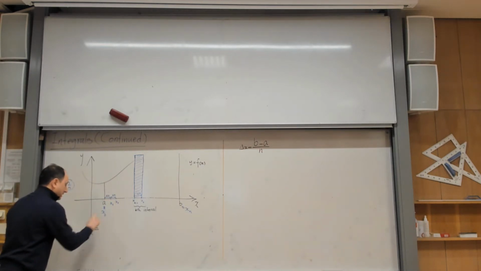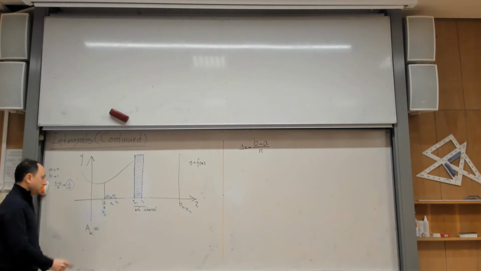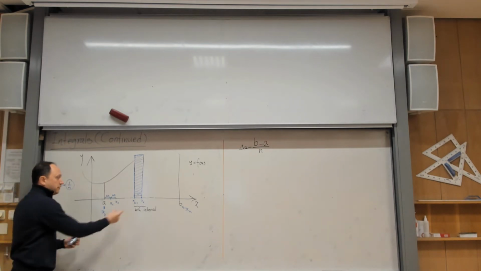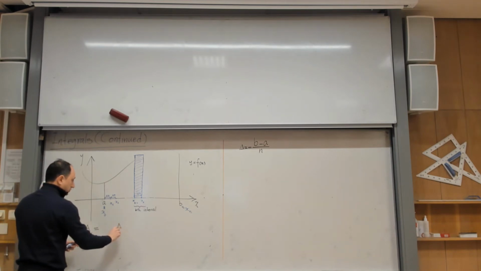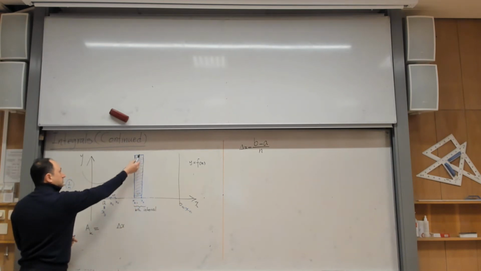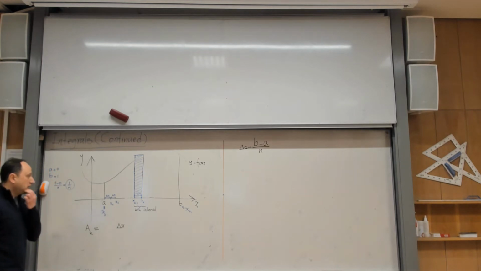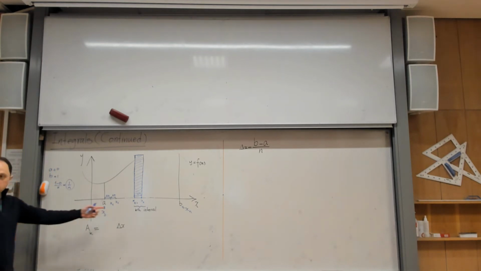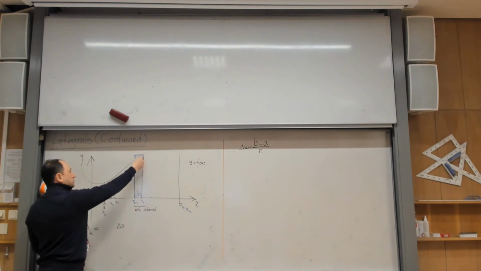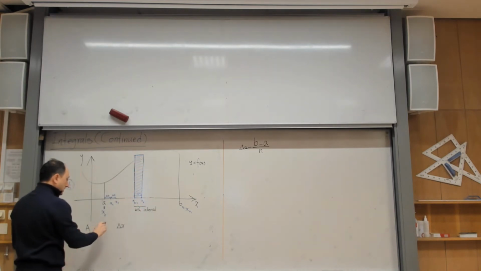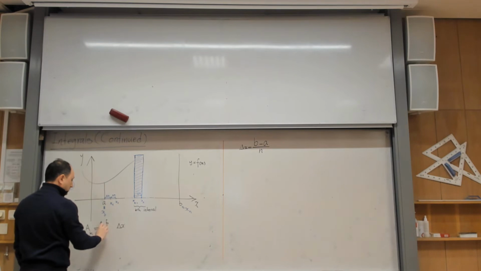Exactly, the area is exactly equal to what? The width, which is delta x, multiplied by the height. But what is the height? f of x sub k, yes? Because this is x sub k, and this becomes the height. So this becomes f of x sub k.